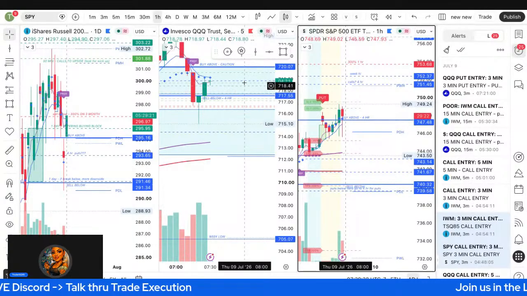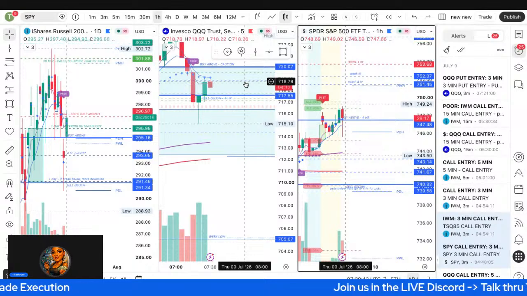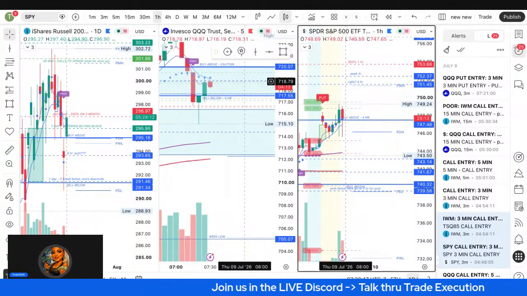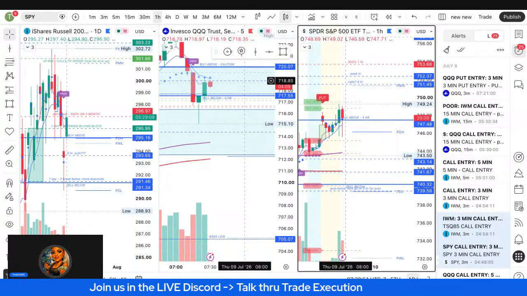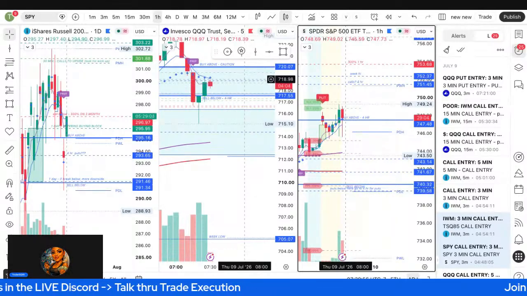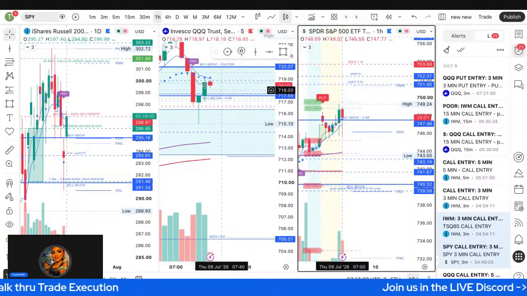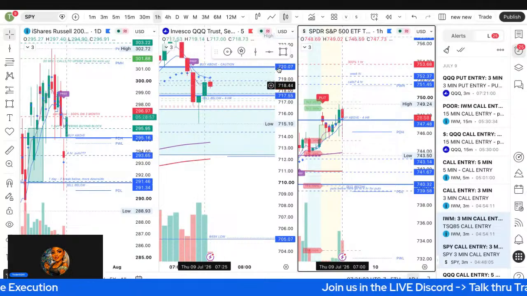We did open below this 50% consequent encroachment line, and now it looks like he's trying to buy it back up. They did fail just slightly below it, but if they had opened up here again, I would be looking for a little bit more reversal, but kind of buying up this 4 EMA here.